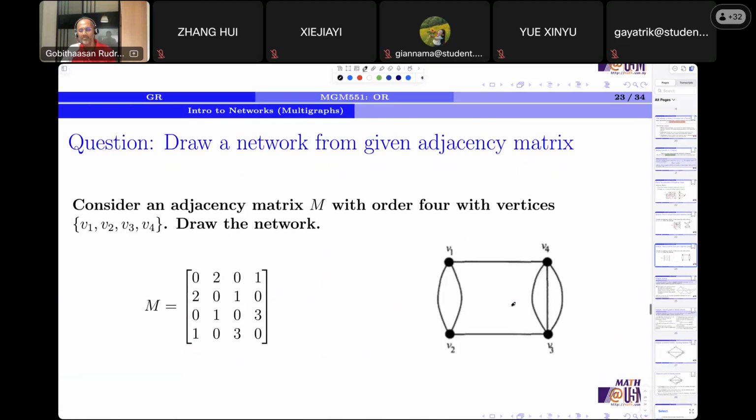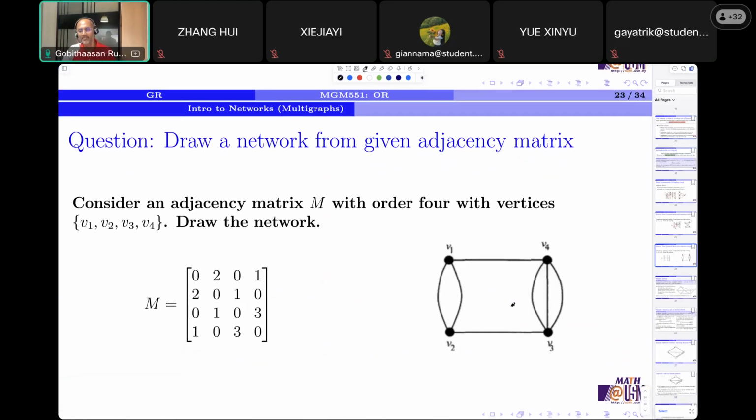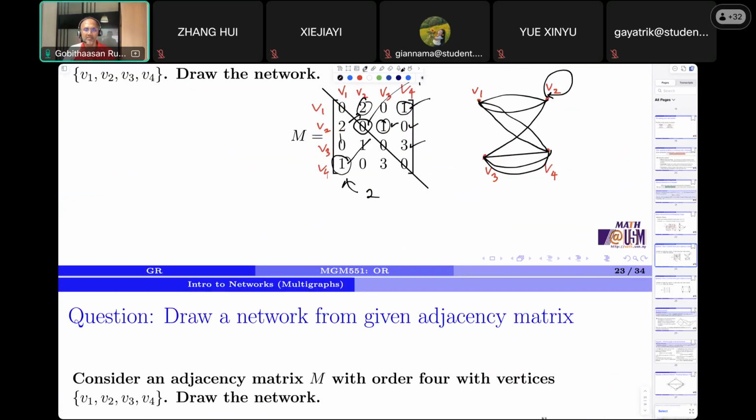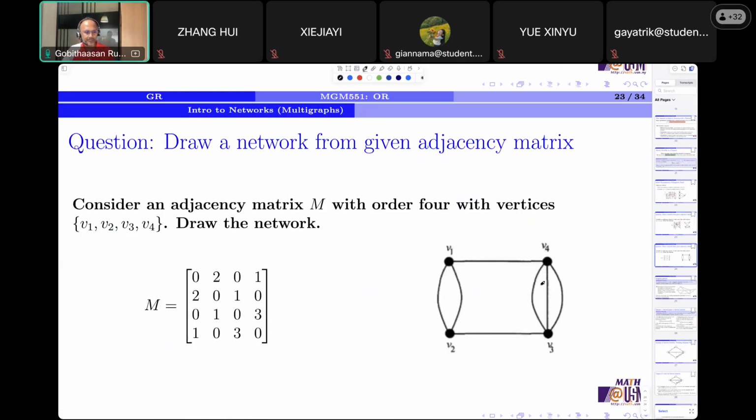Okay, so a different way of drawing. Previously I drew like that. The original answer is, okay, the same thing here.